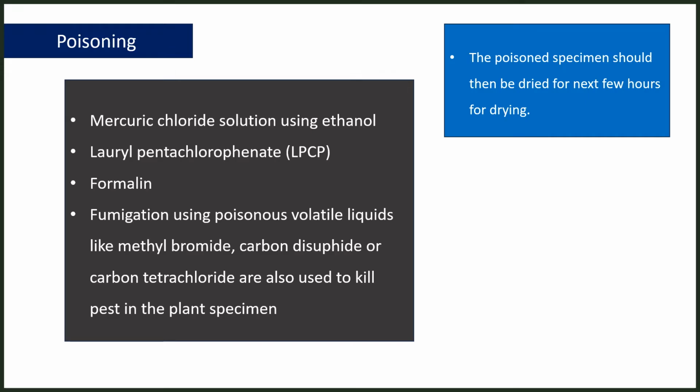Otherwise, if you keep it for a longer period of time, there will be a discoloration again. So that should be kept in mind. The poisoned specimen should then be dried out for a few hours before mounting onto a mounting sheet. So this is the poisoning part.